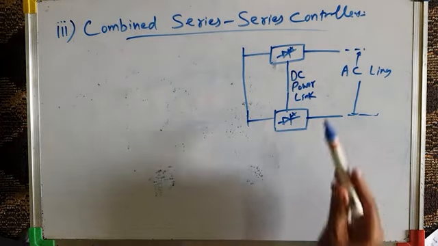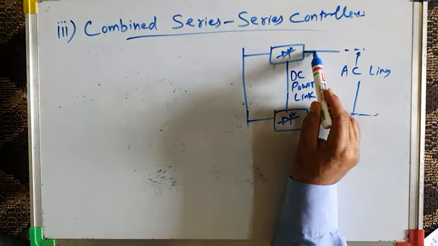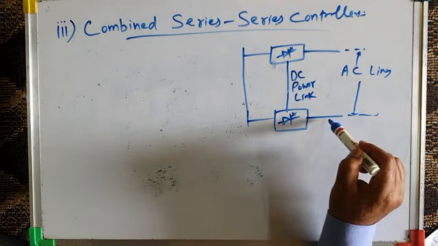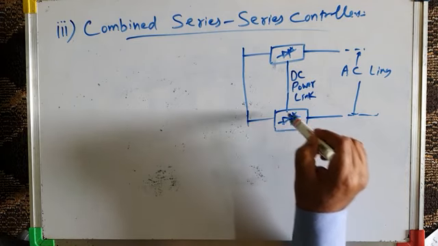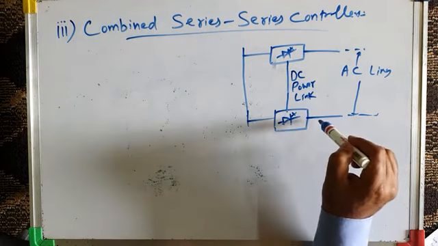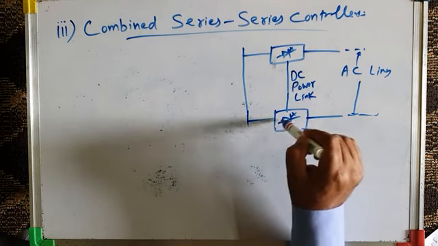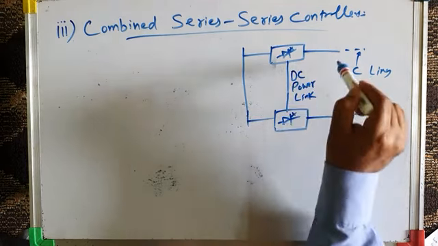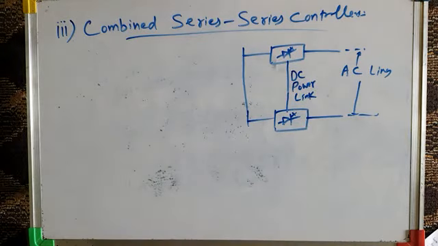Sometimes what happens, this line may be underloaded and this line may be overloaded. So therefore we want to shift some of the power from this overloaded line to the underutilized line. So in that case, the power will flow from this controller through this controller via this DC link. So there is the shifting of power.